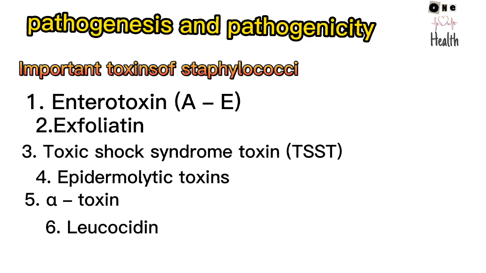Epidermolytic toxin causes exudative epidermitis. Alpha toxin hemolysis is associated with gangrenous mastitis in cattle. Leucocidin kills neutrophils and macrophages of cattle, rabbits, and humans.